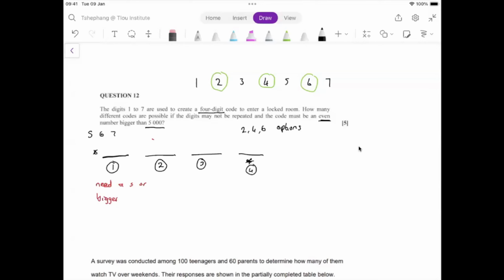Yes, if you're saying 3, you're with me. Okay? Now, let's check.